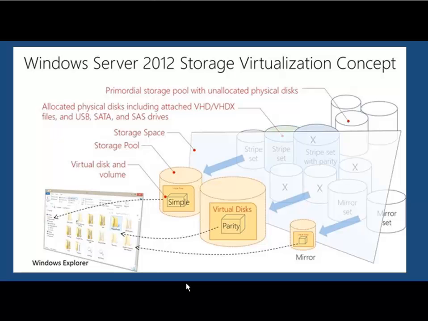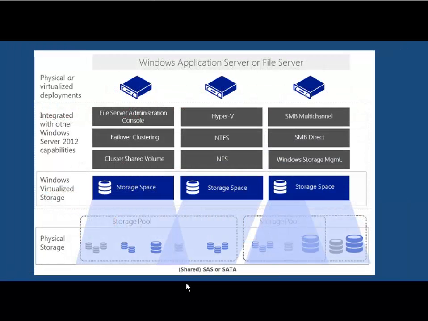Two key things have been introduced here. One is storage pools. Think of a storage pool as the aggregation of physical disk units, which can be a combination of, as I mentioned earlier, SATA disks, SSD, USB, or even VHDs. You can pool them, and this pool can be delegated to administration.